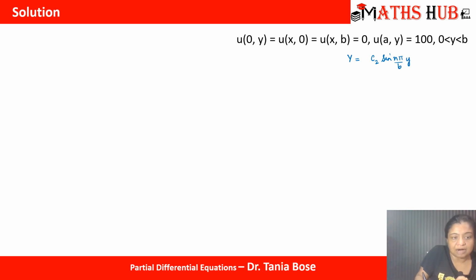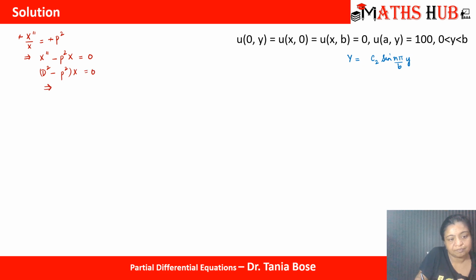Okay. Now, if you remember the equation for x, the equation for x was minus x double dash by x, and we are taking the third case when k is minus p square, right? So both the negative signs will get cancelled, and when you frame the equation, you will get x double dash minus p square x is equal to 0. So from here, the auxiliary equation is (D square minus p square) into x is equal to 0.